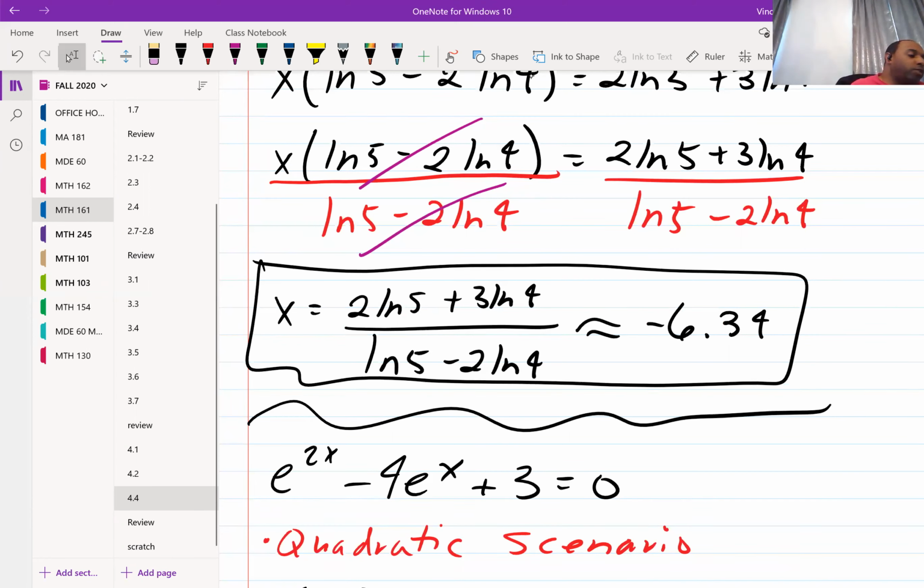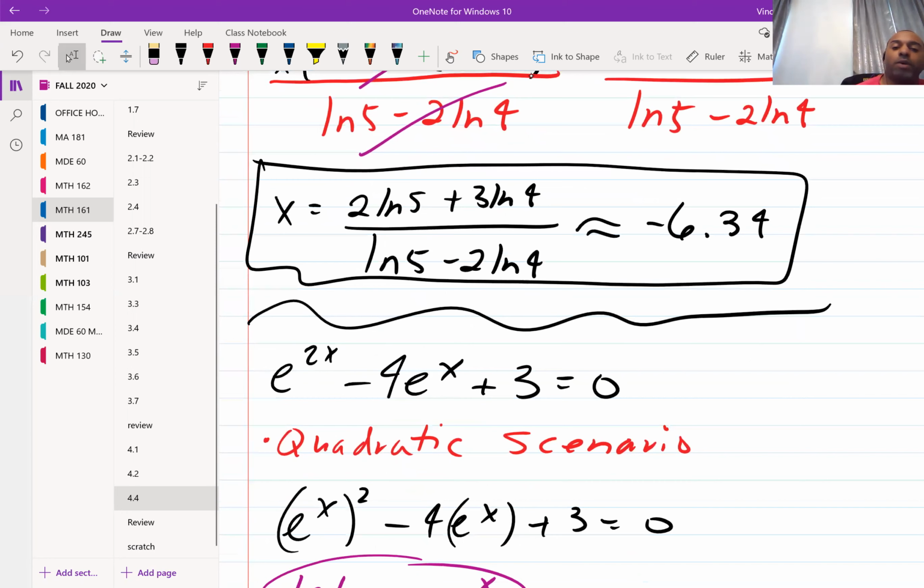We have e to the 2x minus 4e to the x plus 3 equal to 0. So remember from a previous chapter, I think it was chapter 1, we came across quadratic scenarios wherein when we analyze our equation, if we had this term being squared as our leading term, then we have a quadratic scenario, and that's what we have here.